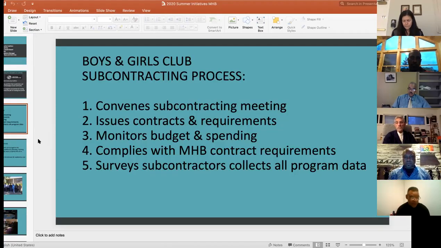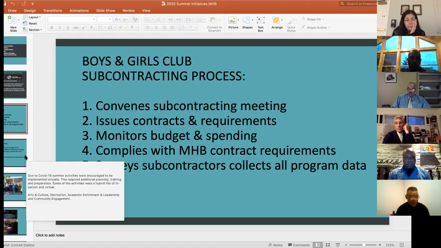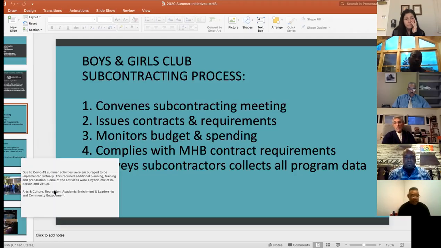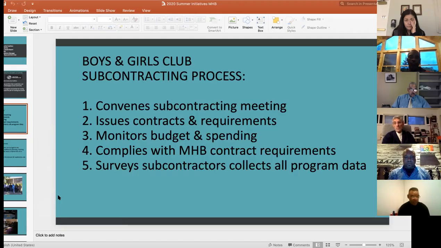Again, as you can see, in terms of the process, I've alluded to the other areas over the course of the summer that are given attention: the budget monitoring and facilitating, which is done through the Boys and Girls Club, and also the data collection and program data at the end is pulled together, which helps with providing the report that we're presenting to you this evening.